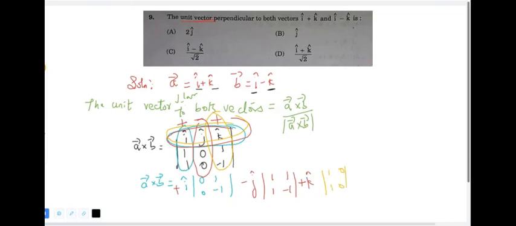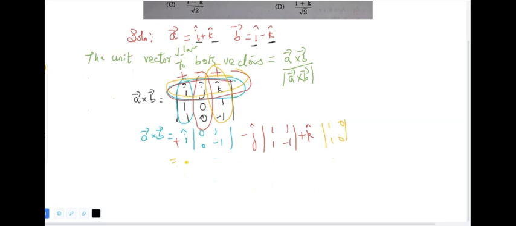So now expand it. Expanding we get i cap. Here we will be cross multiplying 0 into 0, so it will be 0, minus j into (1 into minus 1). If you cross multiply, we get minus 1. Then minus of minus 1 is 1. Then plus k cap into (1 zeros are 0, minus 1 zeros are 0).